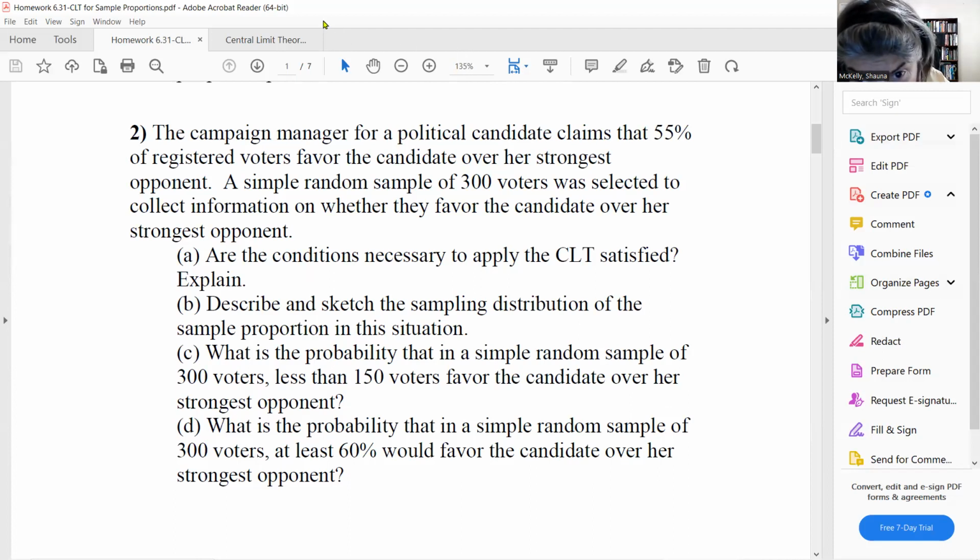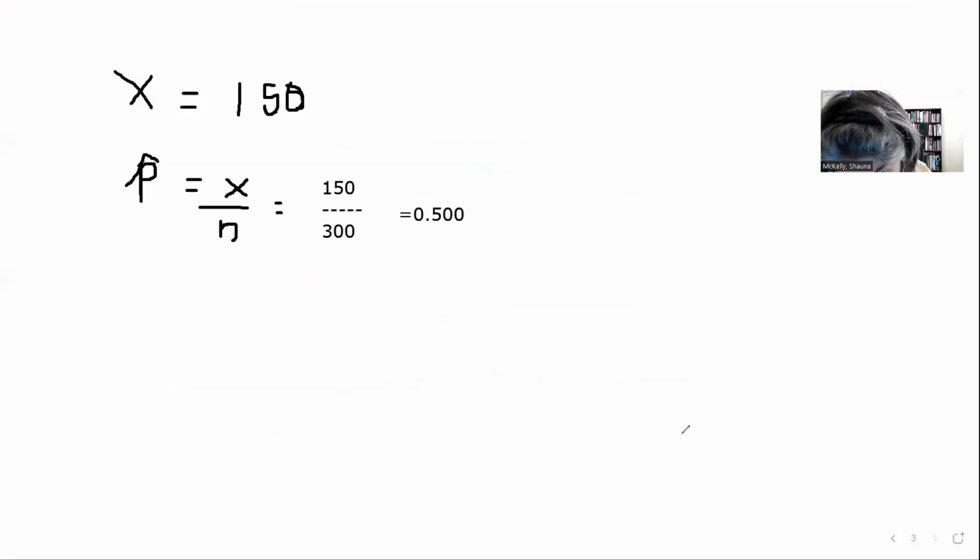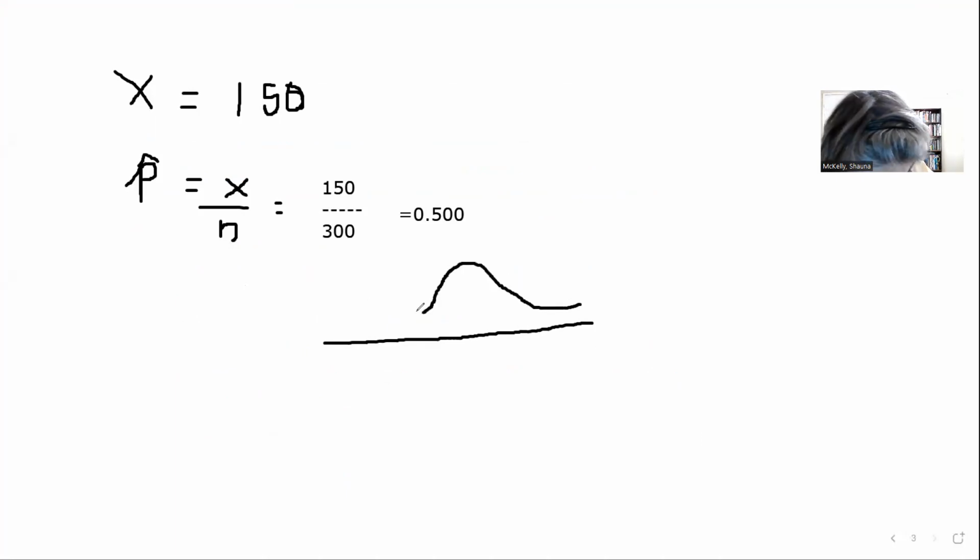So if you recall, let me go back to here. I'm going to draw a modified version of our last distribution to kind of jog our memory a little bit. Here's our distribution. Our mean was 0.55. So we're going to put that here. 50% is going to be on the left.